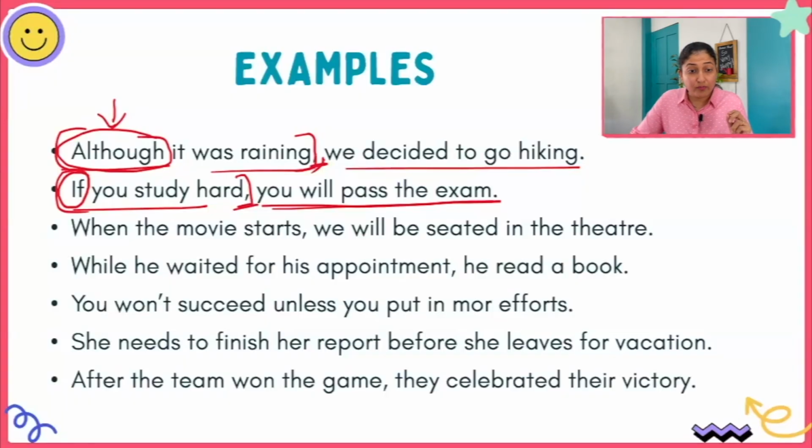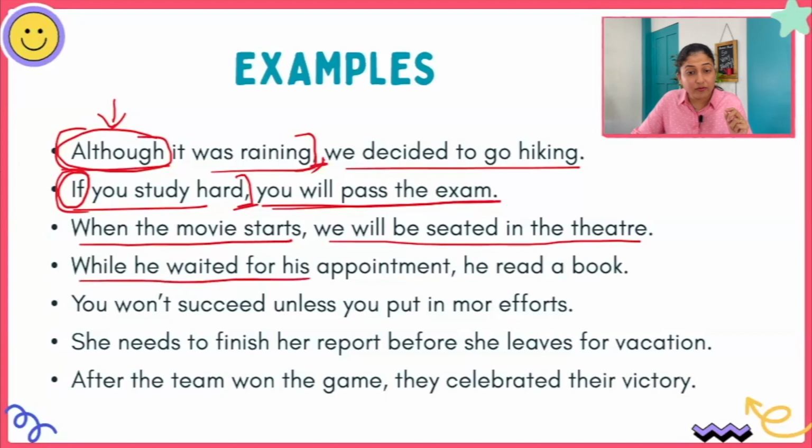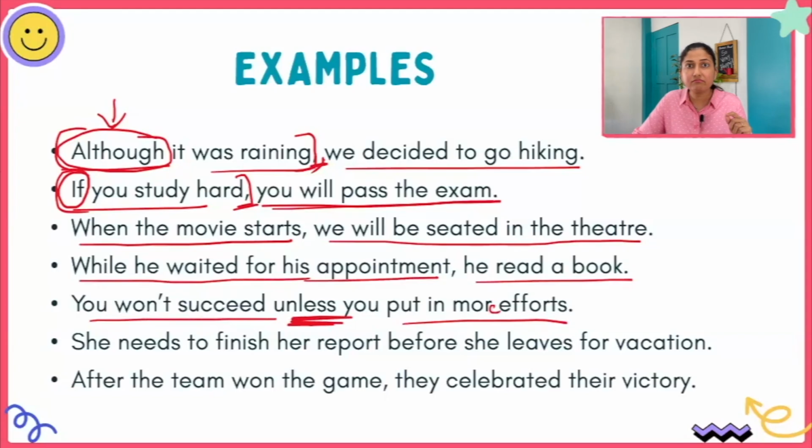Okay, so when the movie starts, we will be seated in the theater. Once again, a complex sentence. While he waited for his appointment, he read a book. Look at this next sentence. You won't succeed unless you put in more efforts. Now, do you see any comma over here before or after unless?